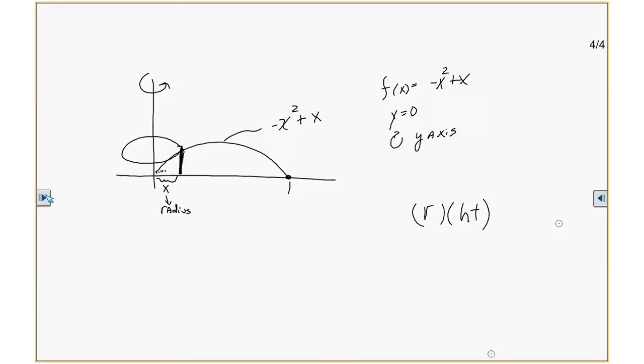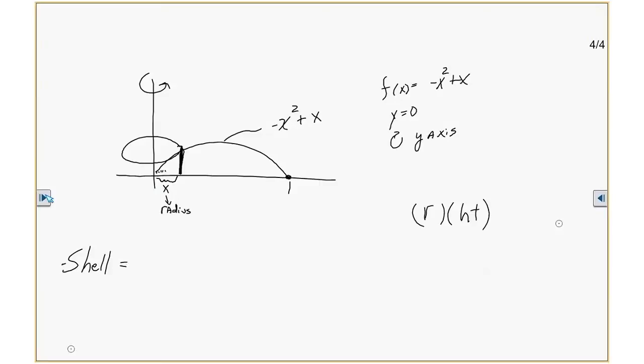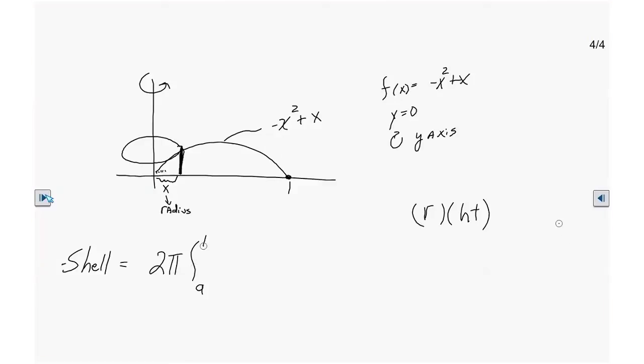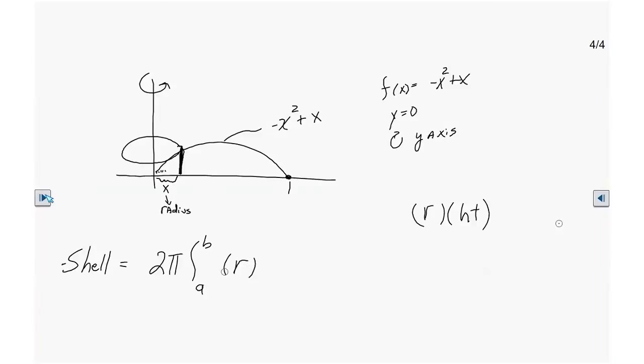Yeah, this one's not on there. This is shell, and all you have to do is add 2 pi to it. It's 2 pi times the antiderivative from A to B, or wherever you're going, C to D, whatever, of the radius times the height.